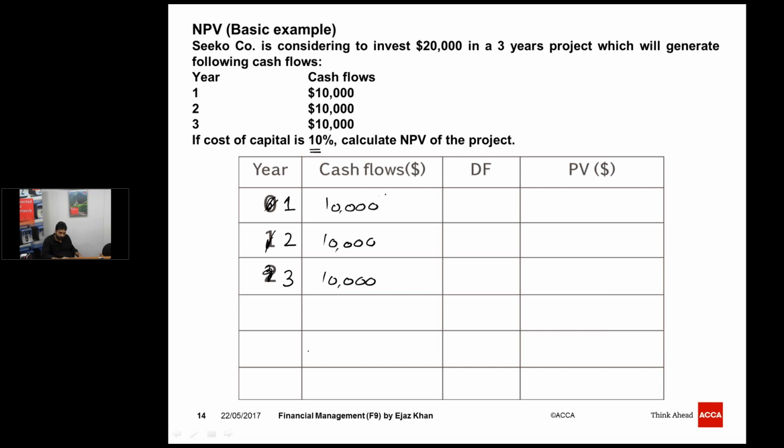So calculate the present values of these cash inflows for me.